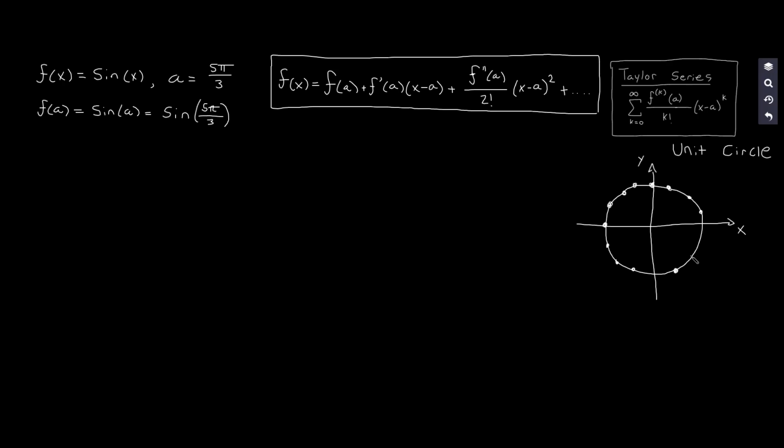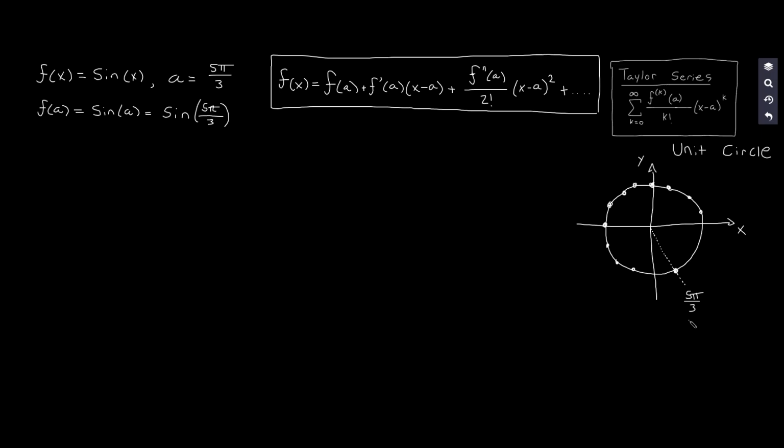And it should be clear that's coming directly from the origin. So this here is 300 degrees, 5 pi over 3 radians.